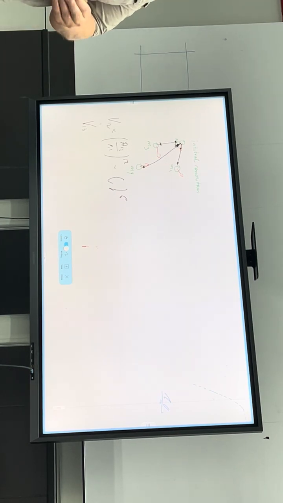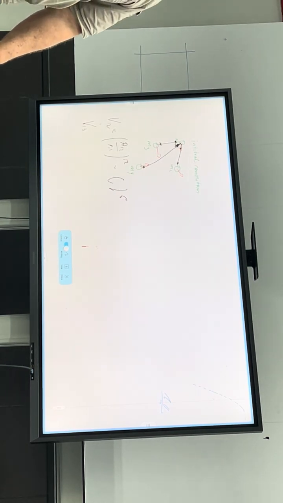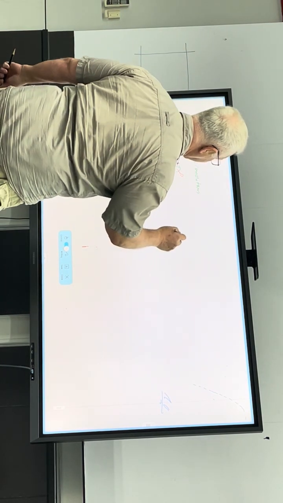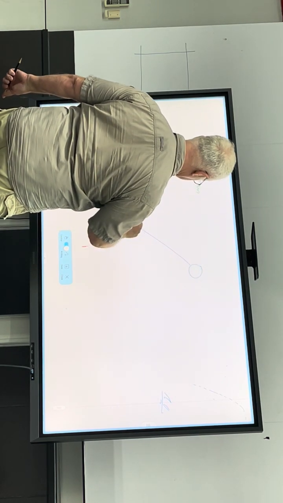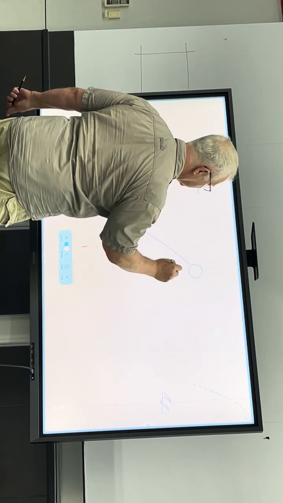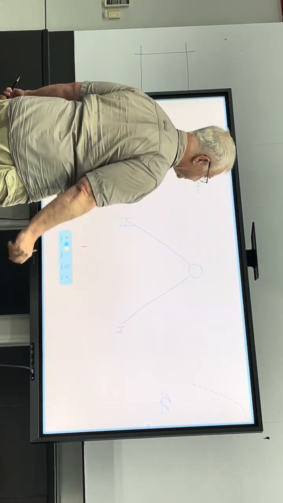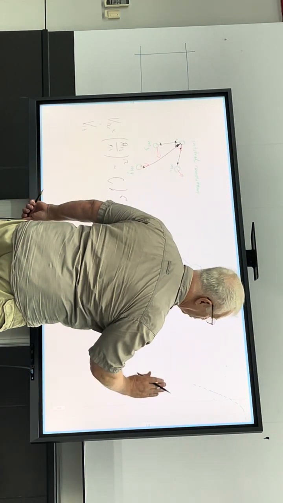So we will find 3 eigenvectors and 3 eigenvalues. And I will look a little bit now at these eigenvalues and eigenvectors. So here's my water molecule. So I will get 3 vibrational modes.